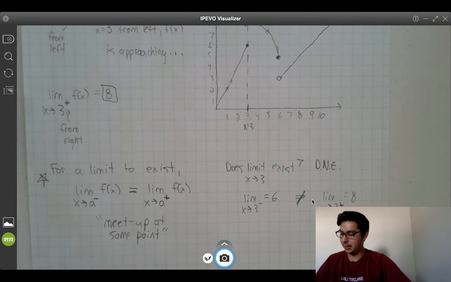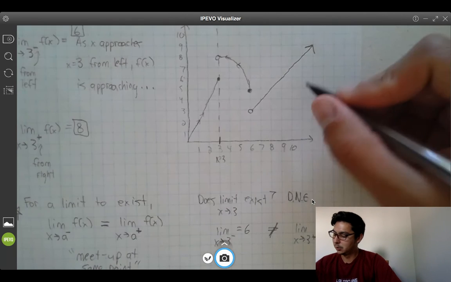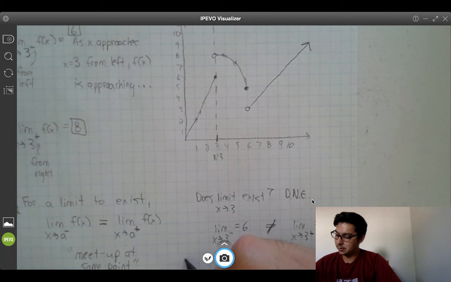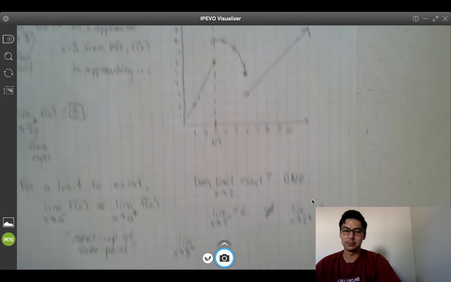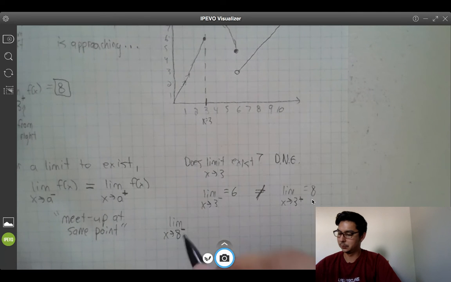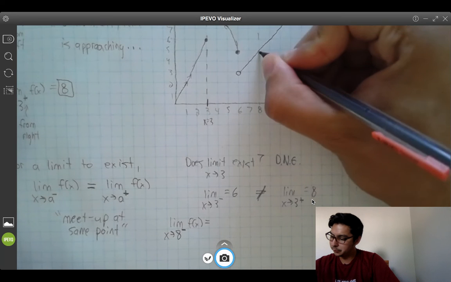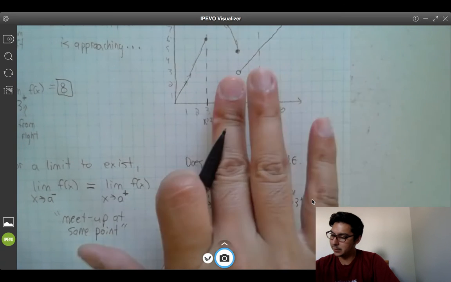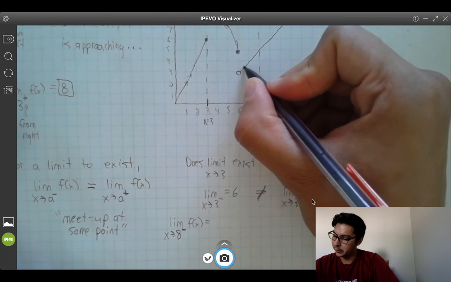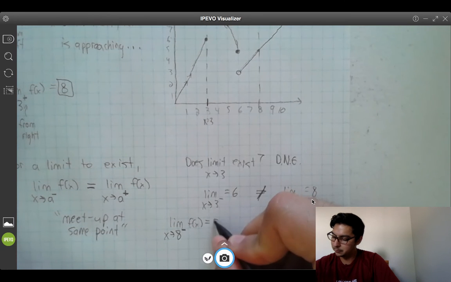What if, to go one step farther looking at this graph, I asked you, what's the limit as x approaches 8 from the left? So as we approach 8 from the left, what do we get? So here's 8. As we approach from the left side of 8, we're on the curve here, and we're approaching this y value here, which is 5.